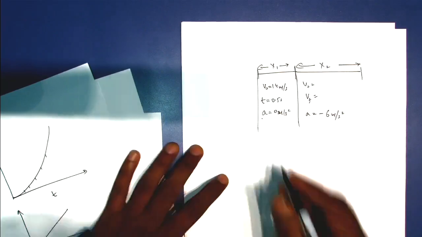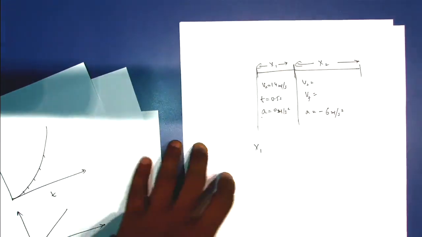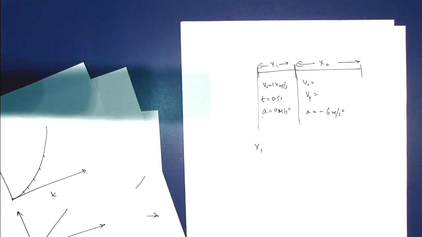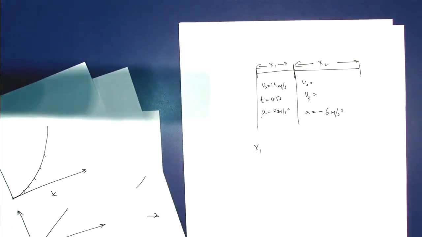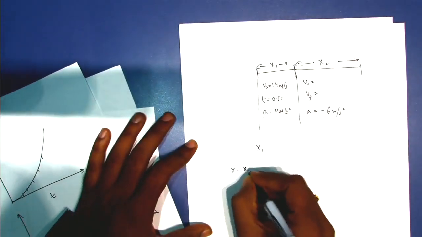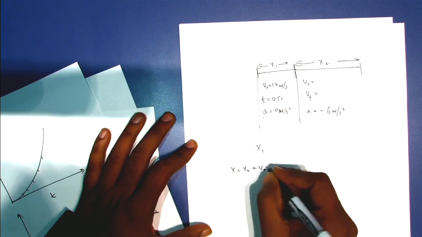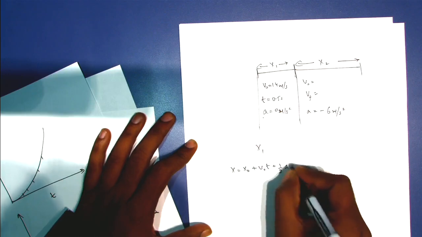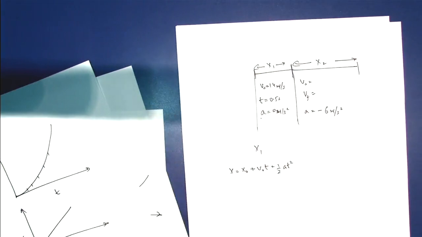Okay? Let's first find x1. Since there is no acceleration, the change in position is average velocity times time. You can use one of the kinematic equations for this with A equals 0. So I can use x equals x initial plus v initial times t plus 1/2 at squared with A equals 0, for the first reaction time portion of this.